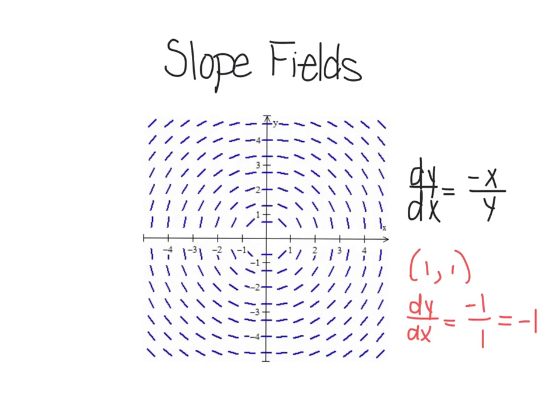And we can see that this slope looks pretty much like a slope of negative 1. The same is true for, we'll say, this point there, negative 2, 1. That point would have a slope of negative x, so positive 2, over y, 2 over 1.